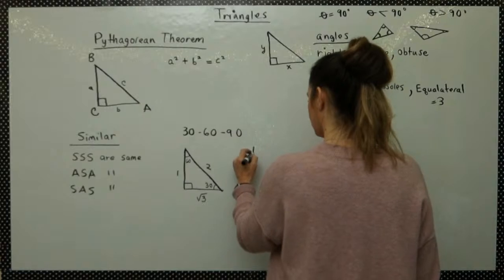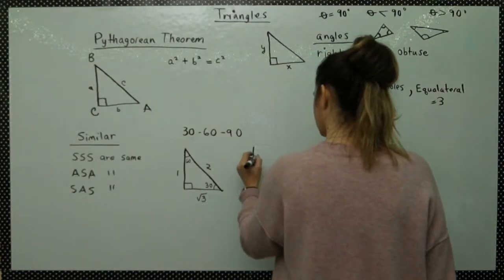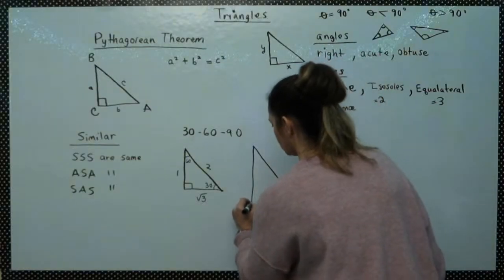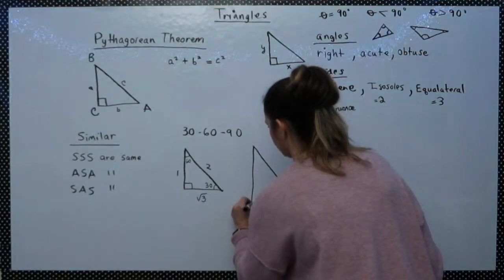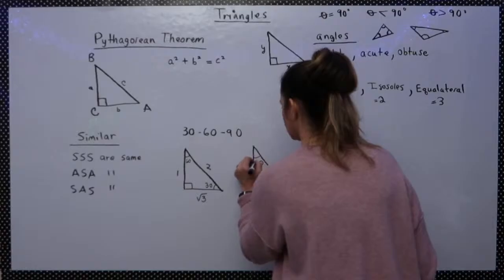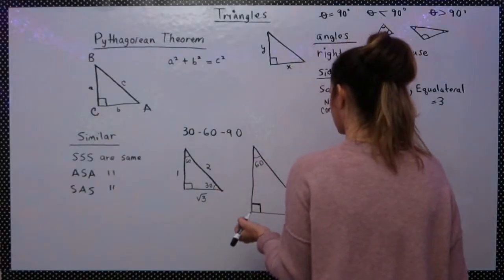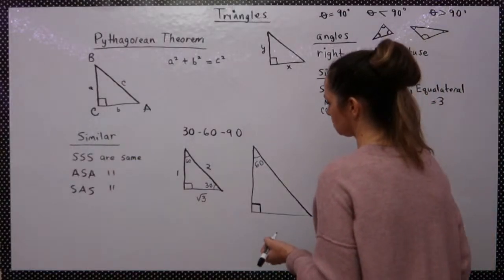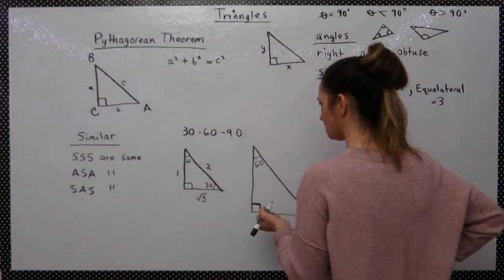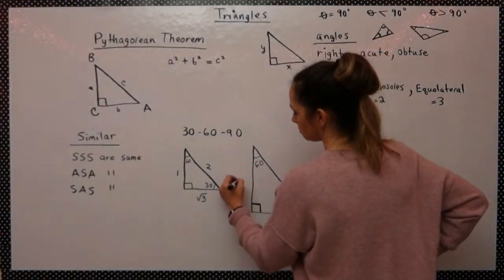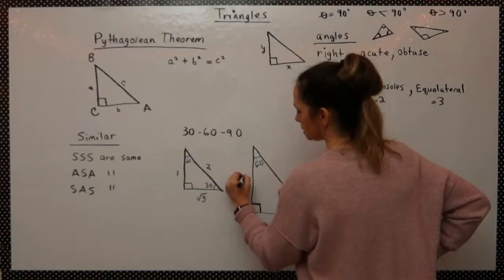So if you have another triangle that's bigger, and you know one angle, you know that's 60 degrees. And you could say that that is 10.